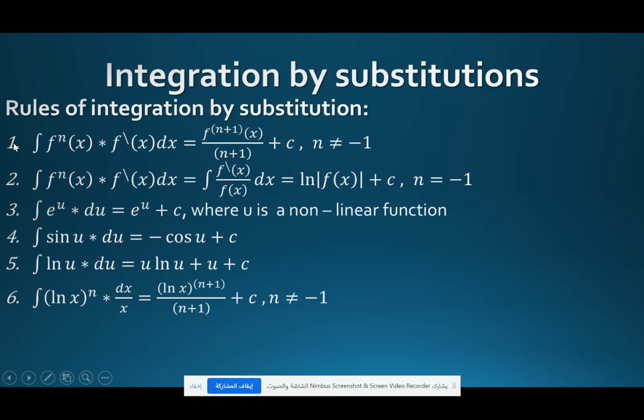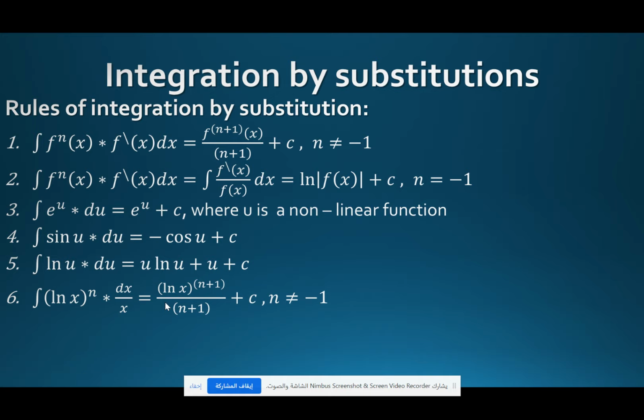It is similar: the integration of a function, here ln x to the power of n, multiplied by its derivative. In that case, you add 1 to the power and divide by it, plus c. That happens when n is not equal to -1, and we have similar in number 6.